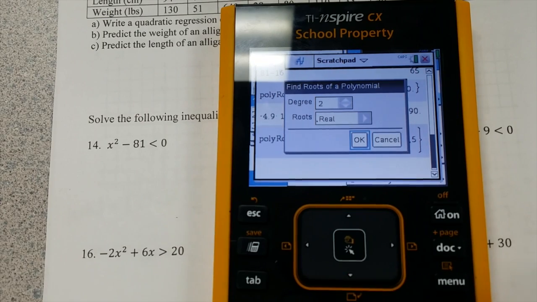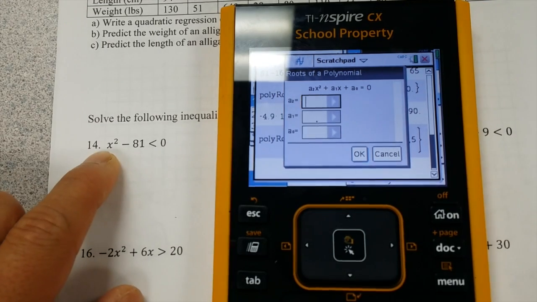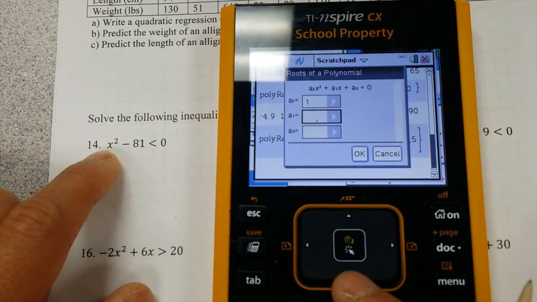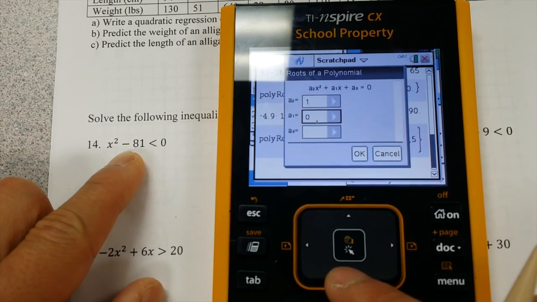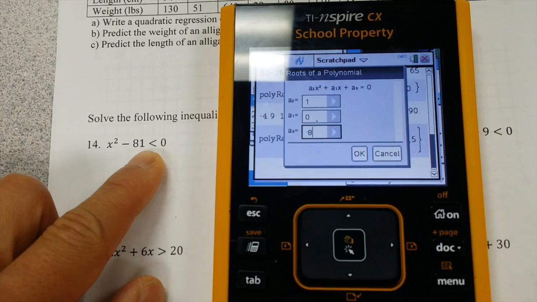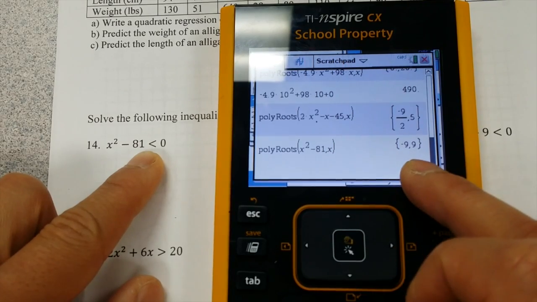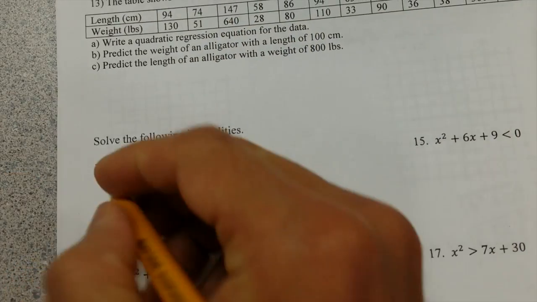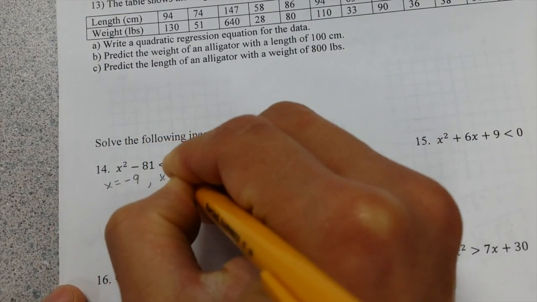The degree is 2, real numbers. The number in front of x squared here is 1. There is no x, so it's 0, and the constant here is negative 81. Press OK. You end up with negative 9 and 9. So you get that x is equal to negative 9 and x is equal to 9.